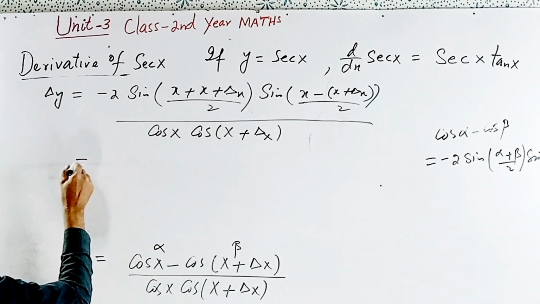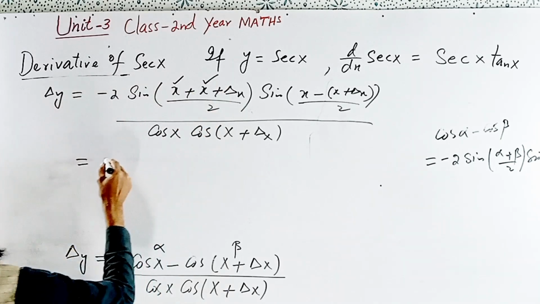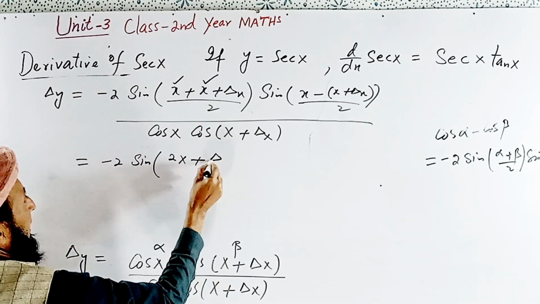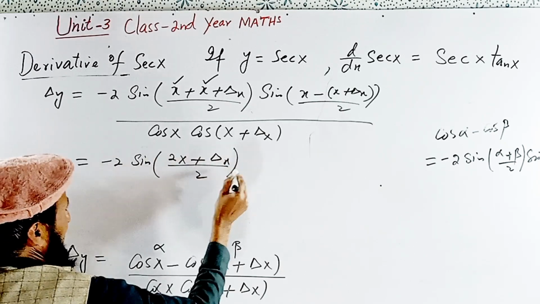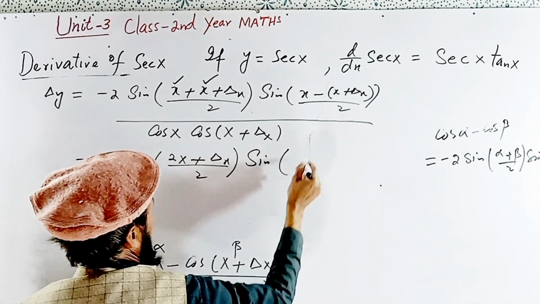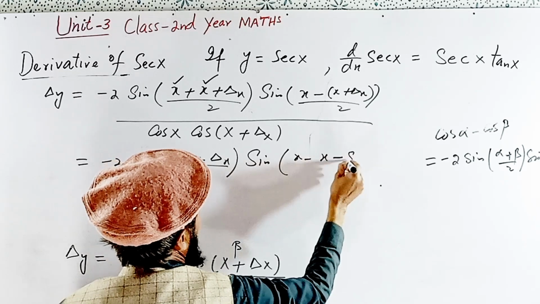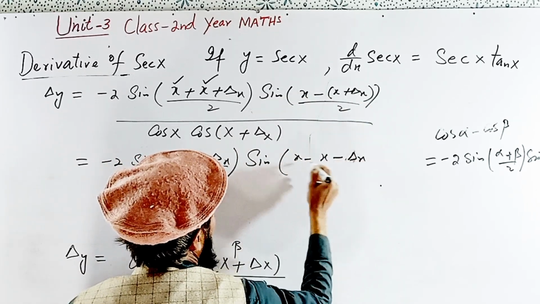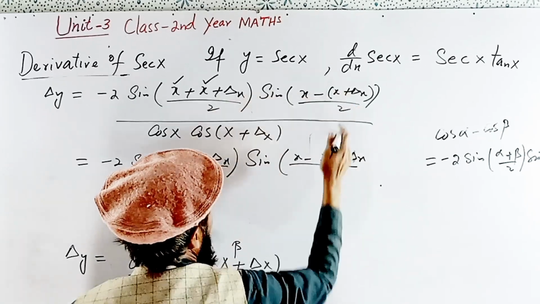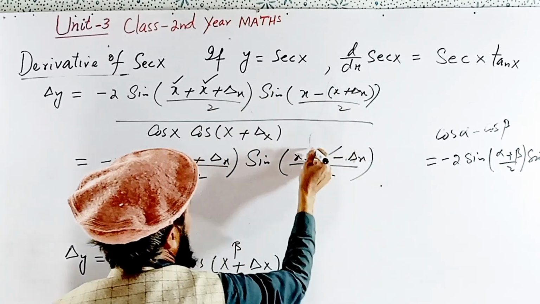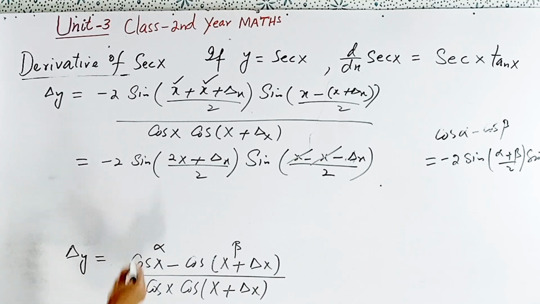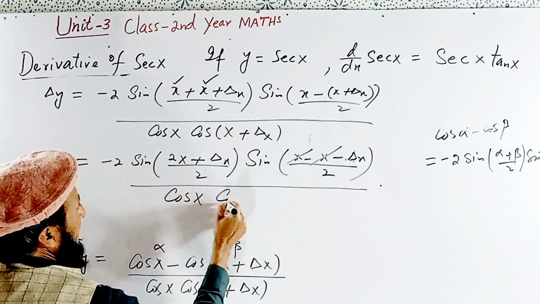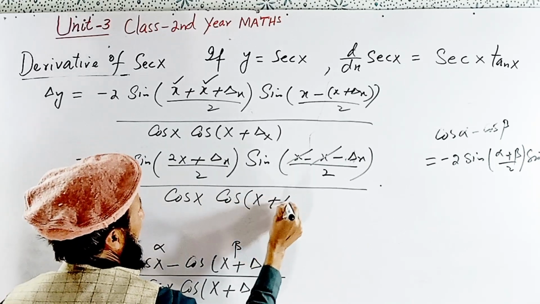Now here x and x we add, so we can write 2x plus delta x divided by 2, and sin of x minus x minus delta x. We open this bracket, minus into plus gives minus, divided by 2, and the minus signs are cancelled, divided by cos x and cos of x plus delta x.